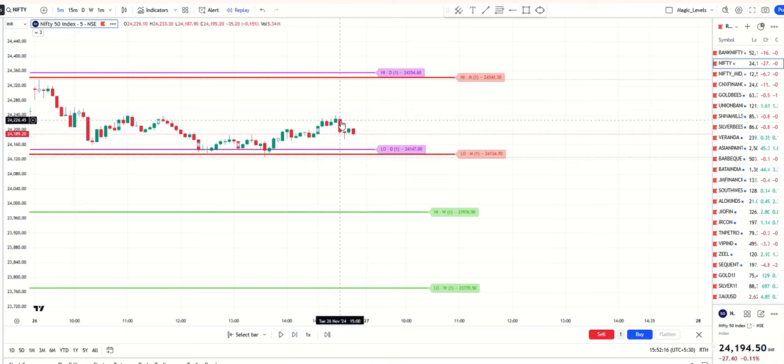Someone can question me, there is a red candle, so how can you count 70 points? But when you take a trade and you are in profit, you are going to trail the stop loss. That's how I trade, and that's how I expect any small trader to take a trade.